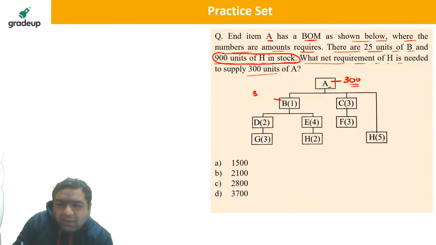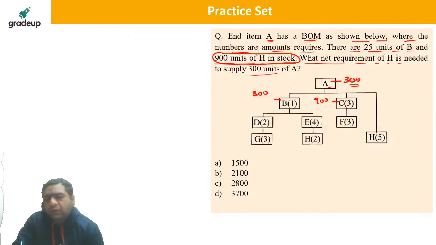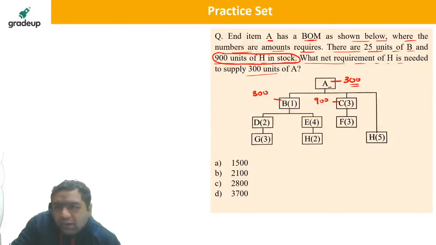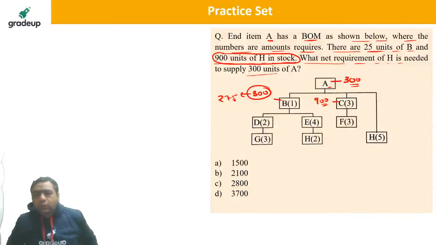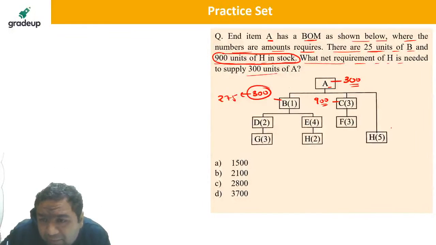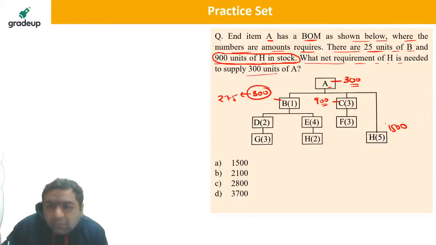You require 300 of B and you require 900 of C, and you need to see you already have 25 units of B. So net requirement for B is 275. For C, it is 900. And for H, here you have 1500 requirement.